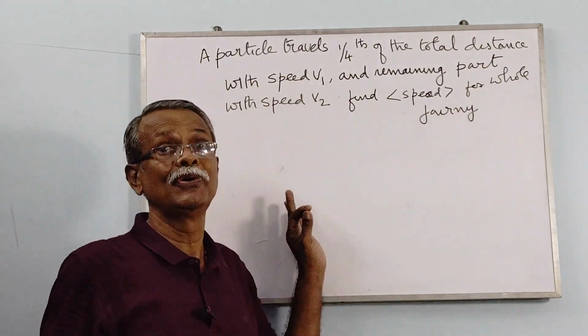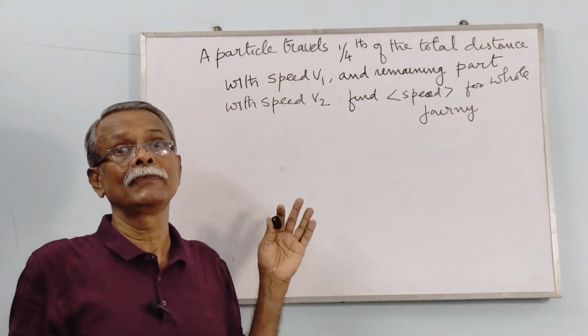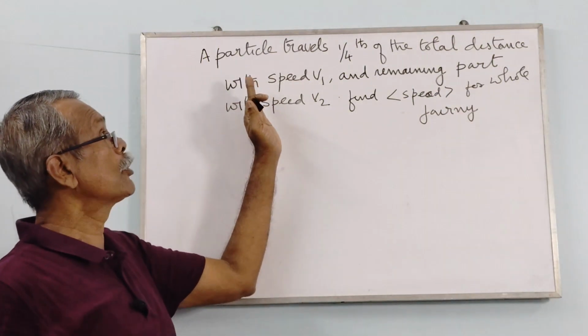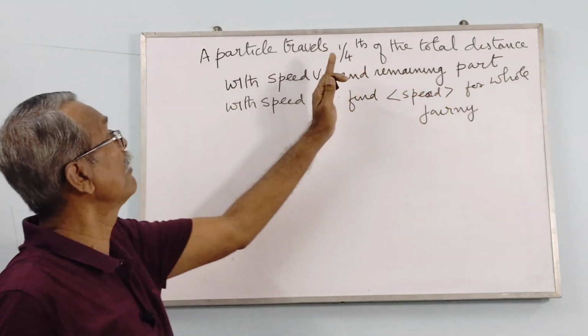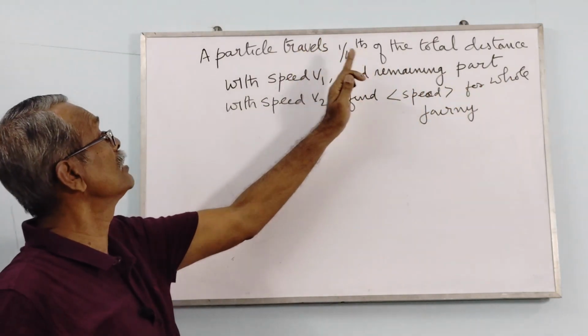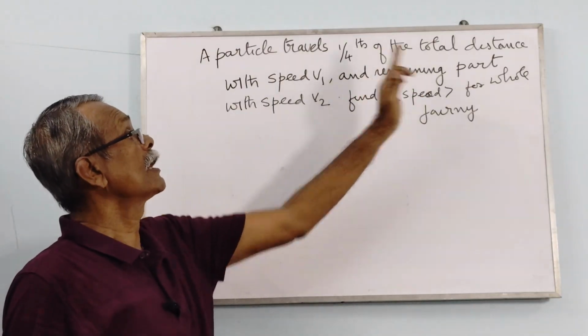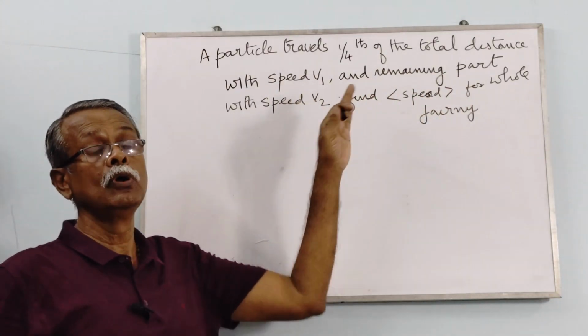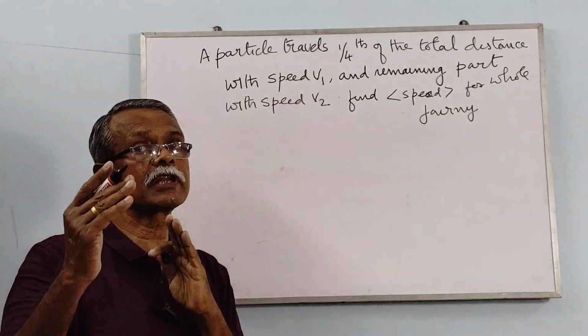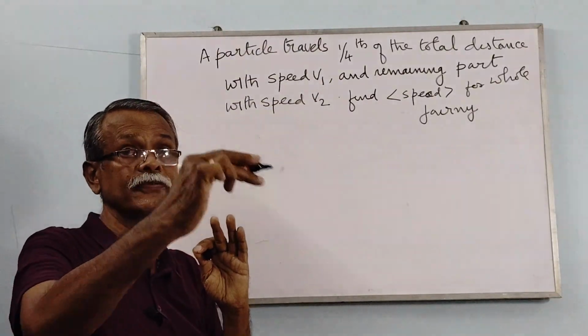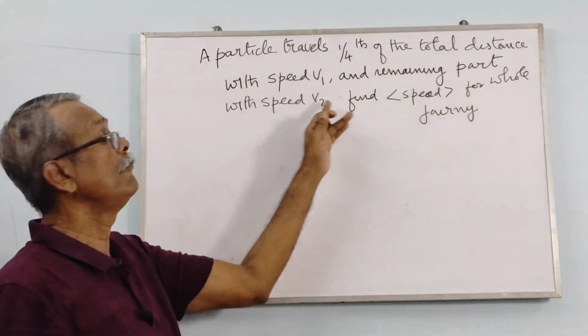This also you can solve using our technique. This is actually an equal distance problem, even though it is given that for the first 1/4 the speed is v1, and for the second 3/4 the speed is v2. We can consider the next 3/4 as 3 times 1/4 with the same speed v2.